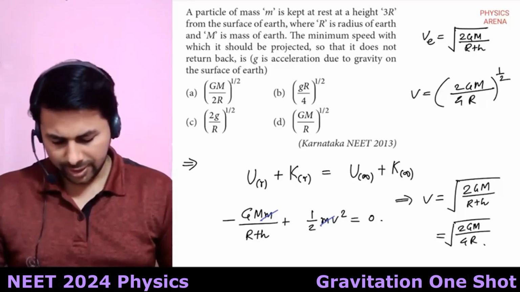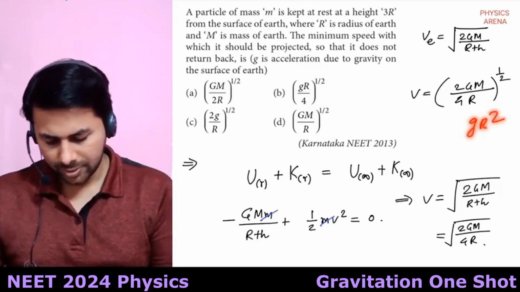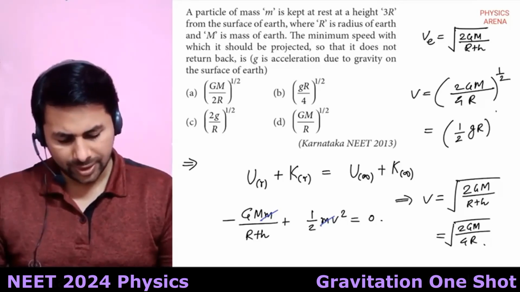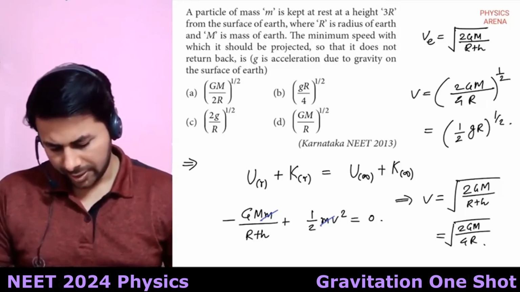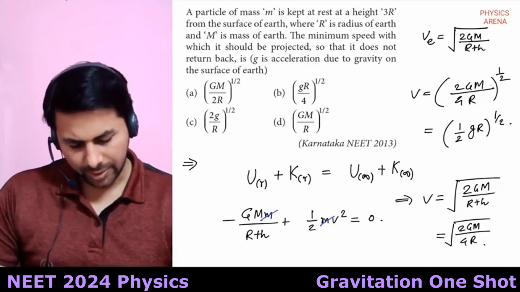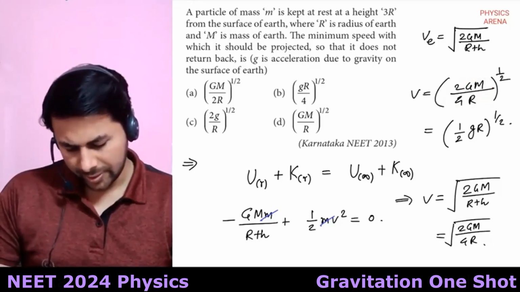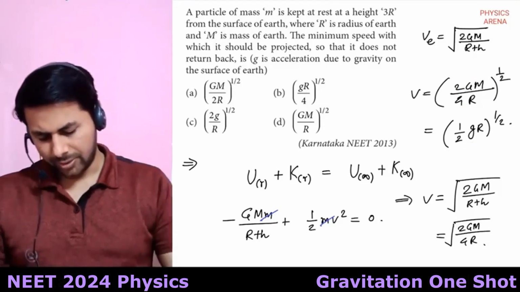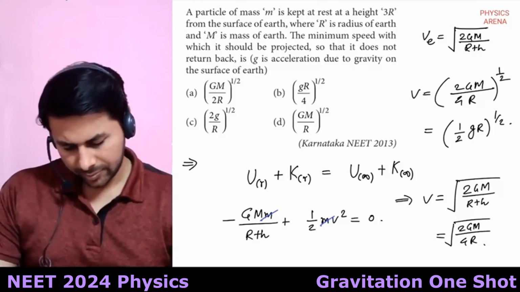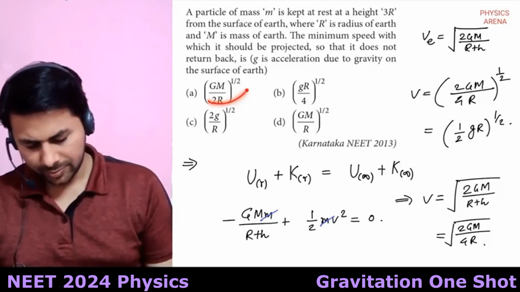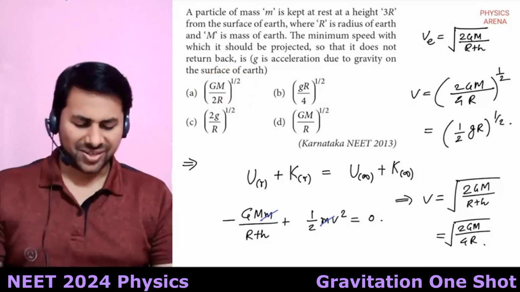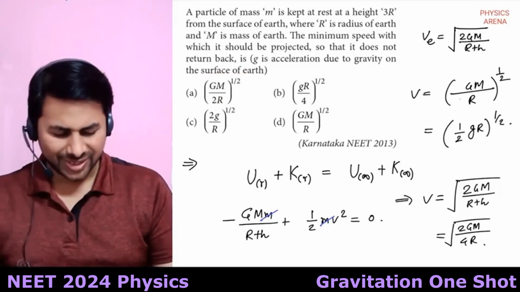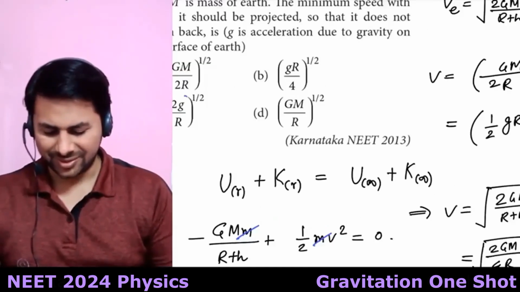GM is equal to gR square, so it will be 1 by 2 multiplied by gR raised to half. If it is in terms of GM upon r, is it option B? No, I don't think so. Yeah, it's option A. 2 by 4 is 1 by 2. Option A is correct.